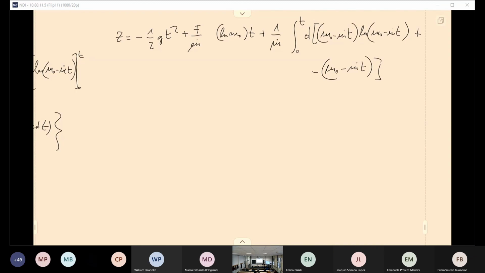And all this should be by F over F dot. So we have this expression, and you can then go ahead and evaluate this integral. Okay.